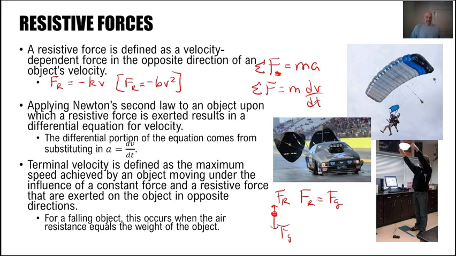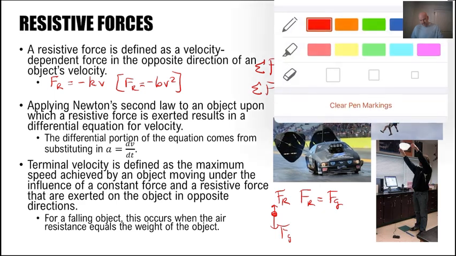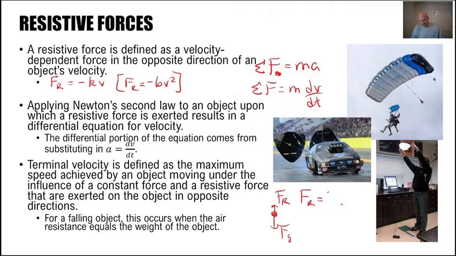It wouldn't be Fr equals Fg. Sometimes with these problems, they actually tell you to put Fg positive. So it'd be Fg minus Fr equals ma, and then you would have the dv/dt there.